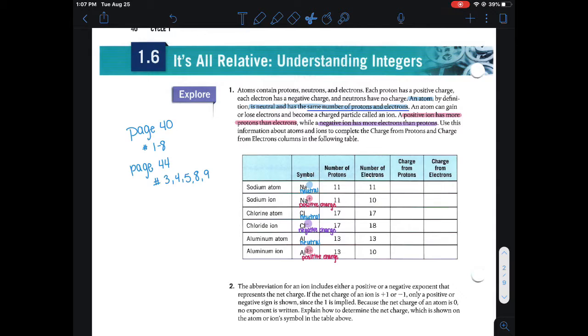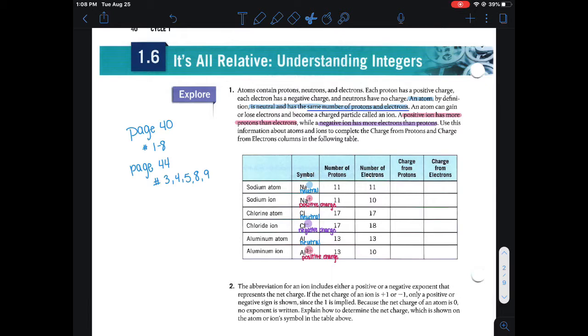An atom, by definition, is neutral and has the same number of protons and electrons. An atom can gain or lose electrons and become a charged particle called an ion. A positive ion has more protons than electrons, while a negative ion has more electrons than protons.